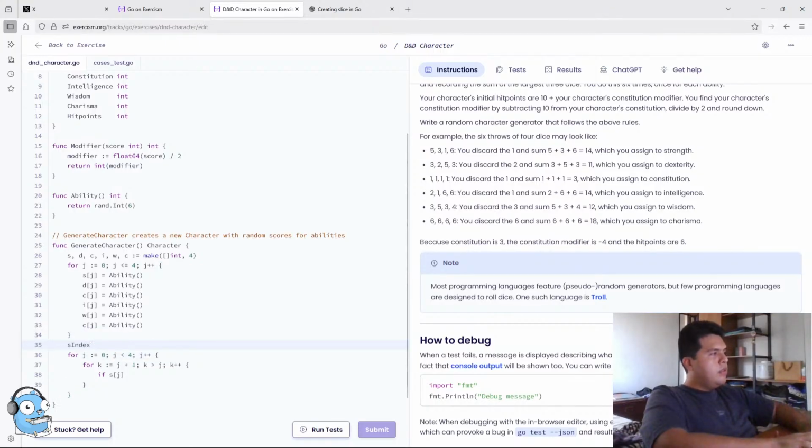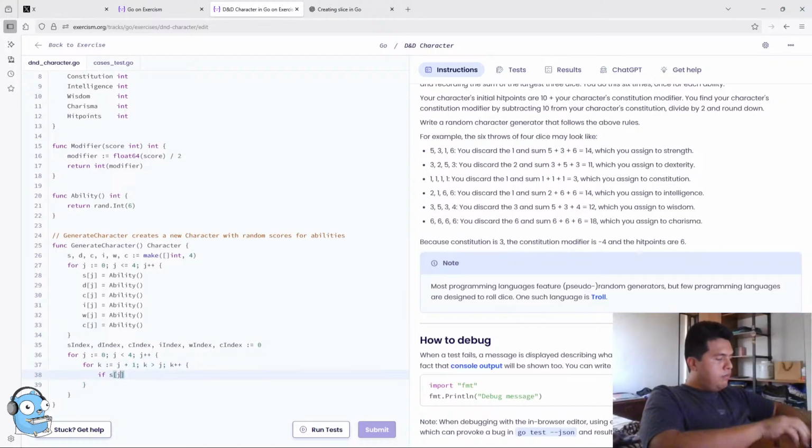S index, D index, C index, I index, W index, and C index equal to 0. If s j is less than s k, I will put minus 1.